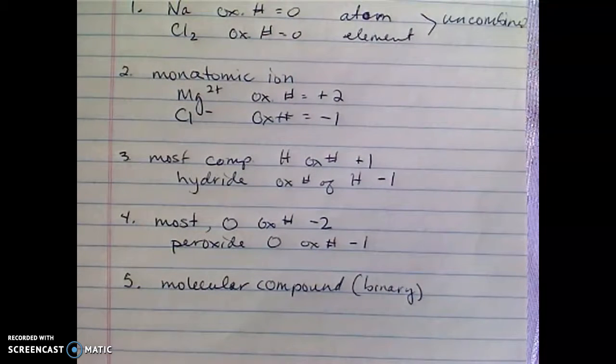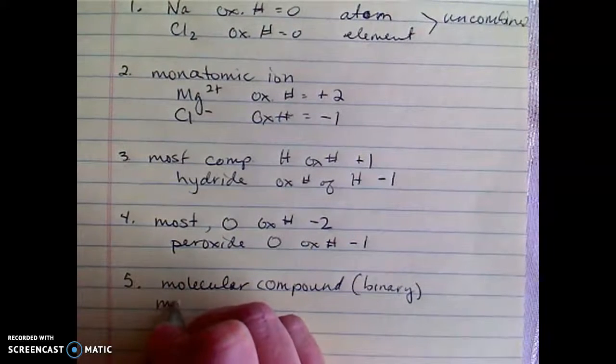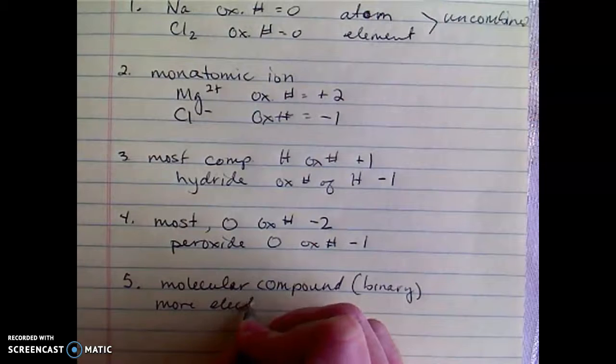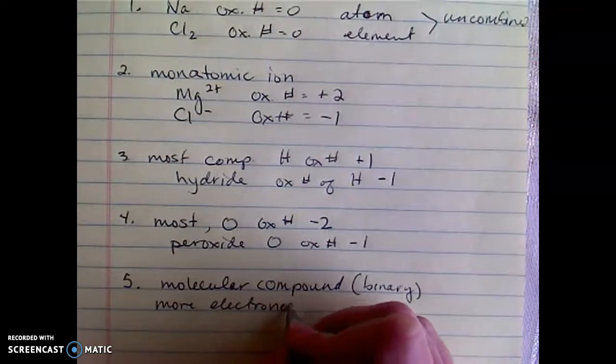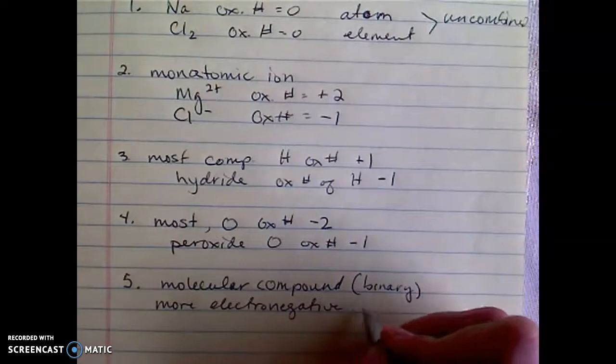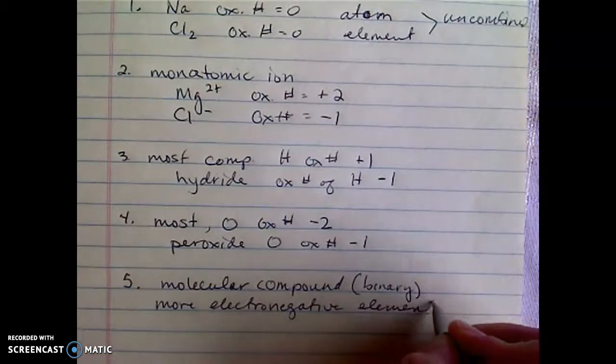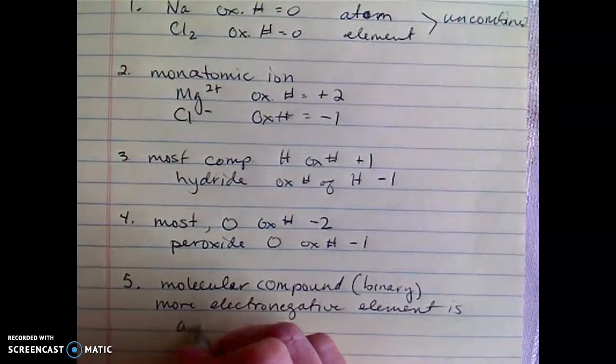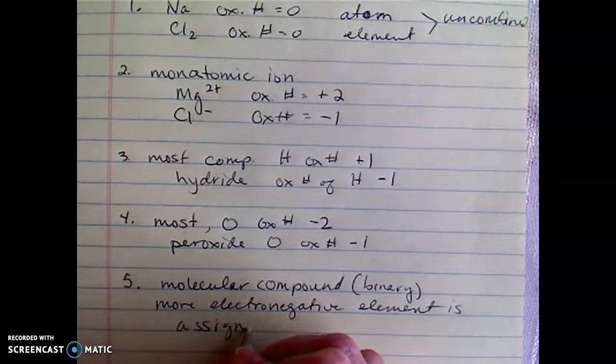How do you know which one is going to be positive, which one's going to be negative? Because they're sharing electrons, your more electronegative element is assigned the negative charge.